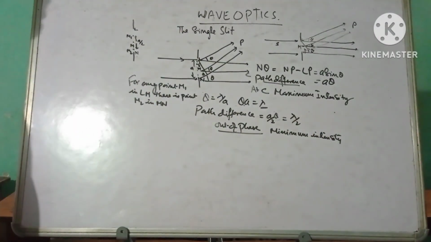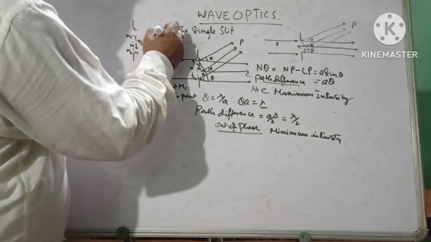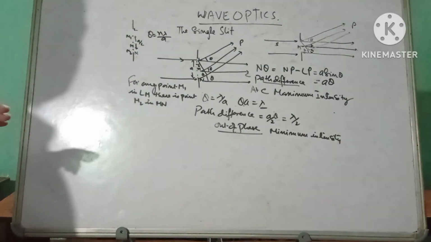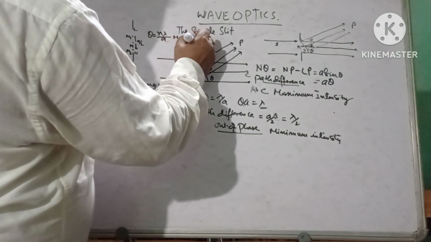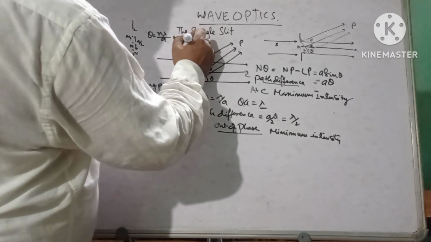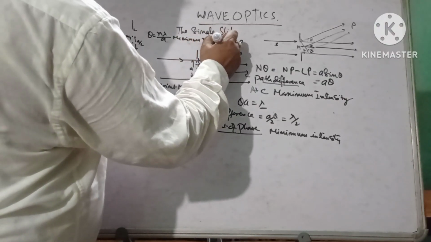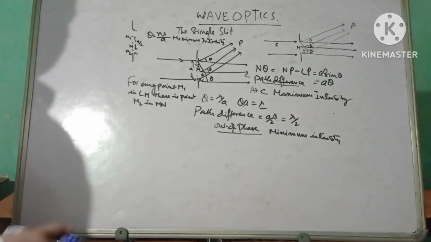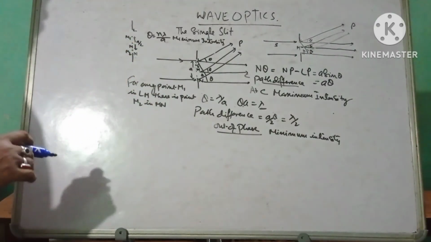It has already been told that theta equal to n lambda by a is for minimum intensity. So for n equal to 1, the path difference is lambda, and we know the intensity is minimum.